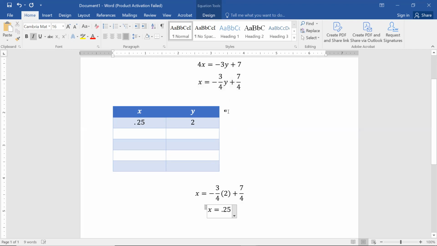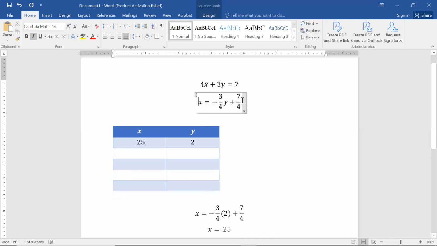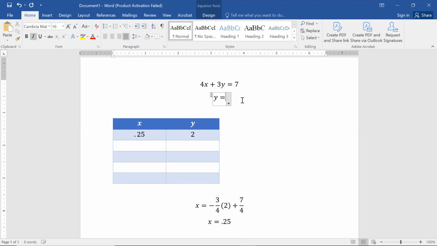Typically, people don't do that. Typically, people solve for y because there's something called the slope-intercept form. If you were to solve for y, you would subtract 4x from both sides and then divide both sides by 3.